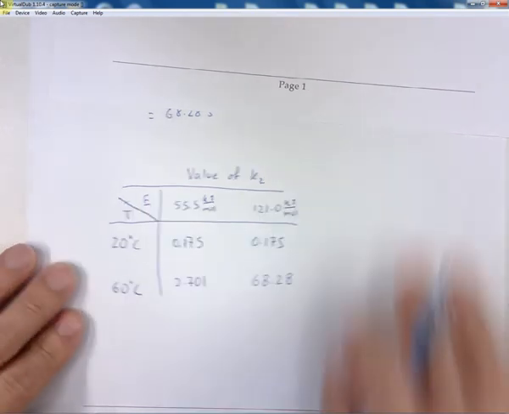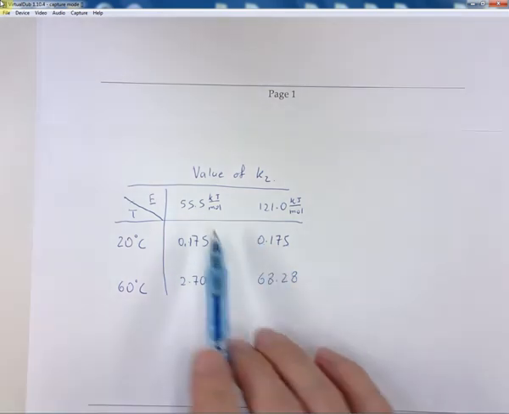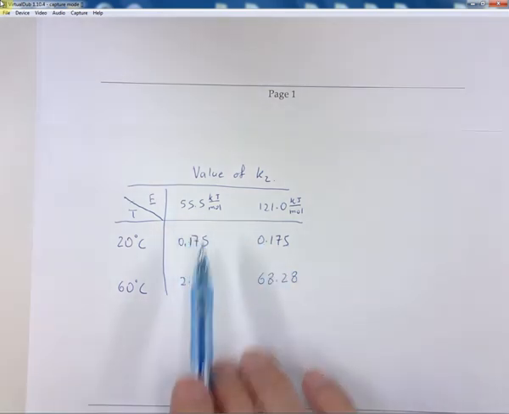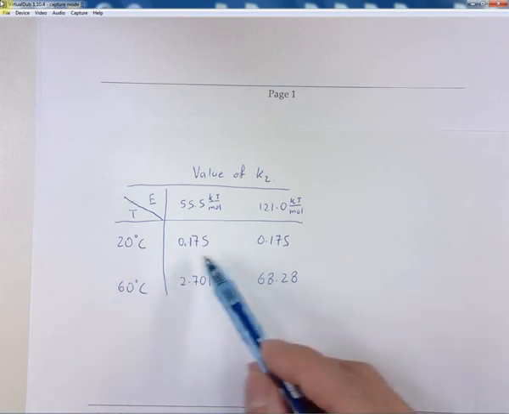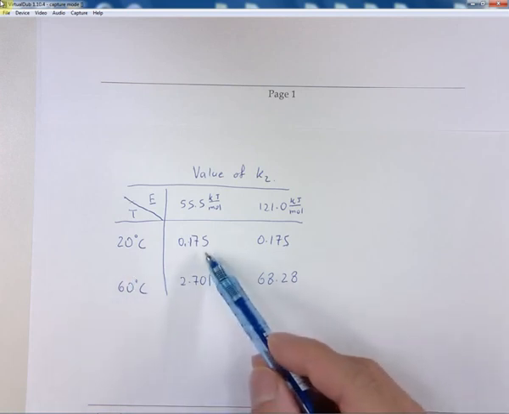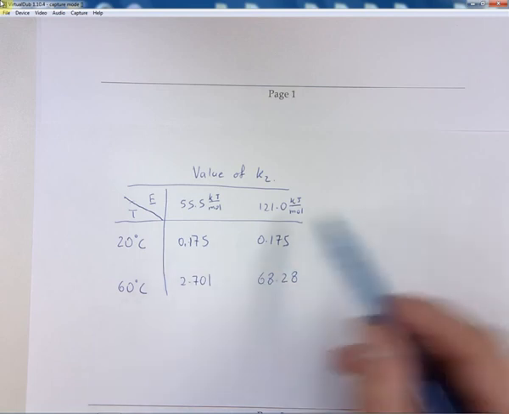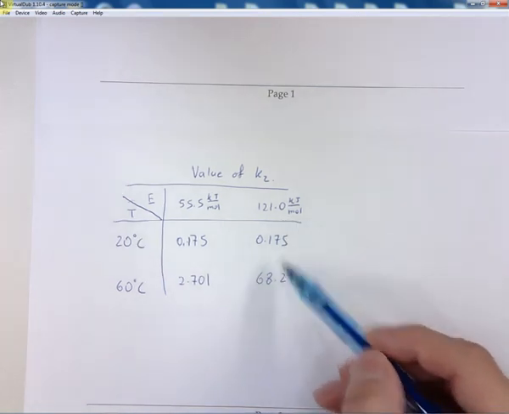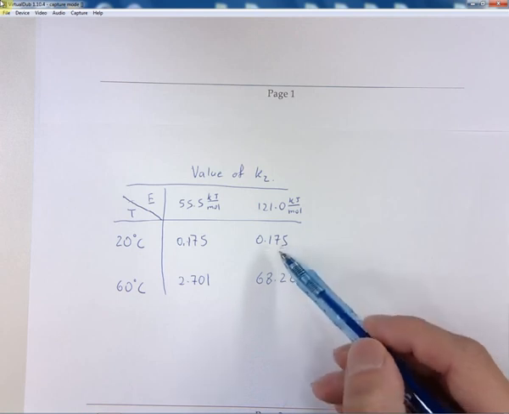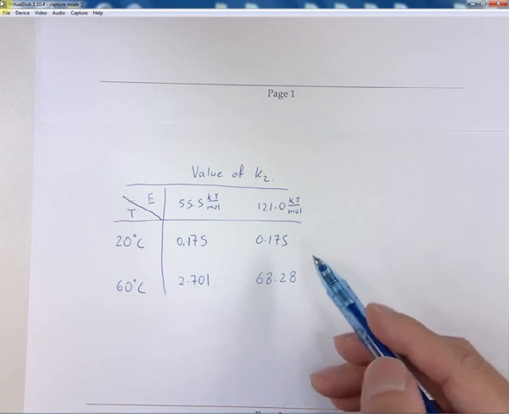So from here we can see that at a lower activation energy, an increase of 40 degrees Celsius increases the value of k2 by close to 20 times. However, at a higher activation energy, the change in the rate constant has a magnitude of close to around 60 times.